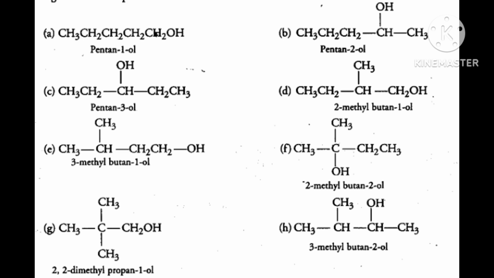Then in the branch actually 3 carbons are there. Means propane is there, a propyl group is there. But what is happening is that at carbon number 2 a methyl group is attached. So in the branch, 3 carbons are straight and 2 are side branches, that is the CH3.